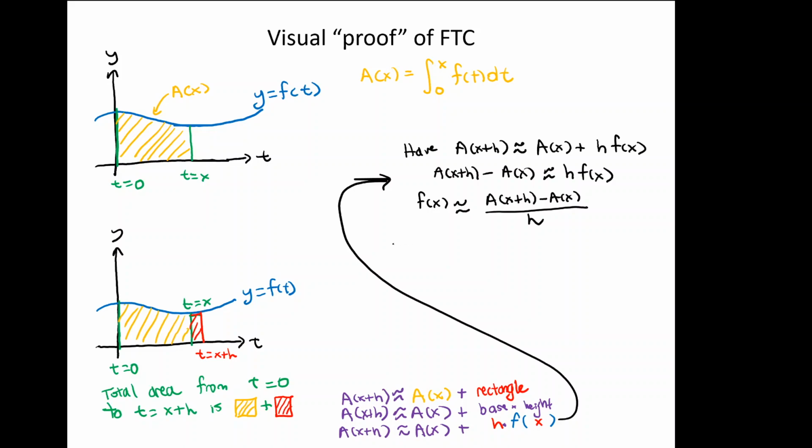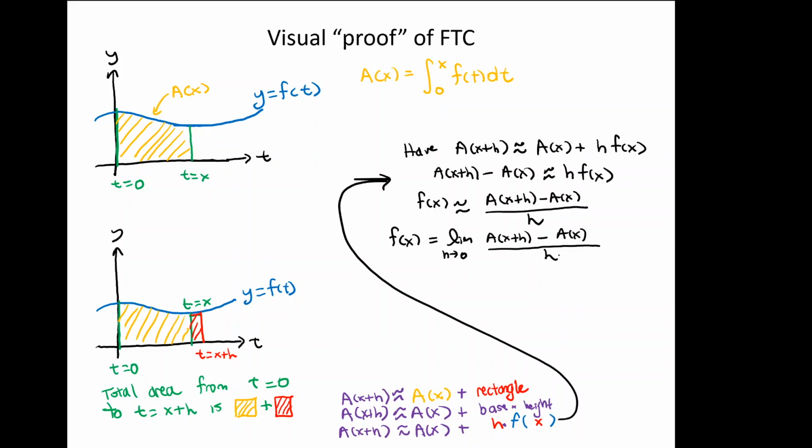So I'm going to say f of x is equal to the limit as h approaches 0, since the difference is going to be infinitely small between the real area that's shaded in red and the approximating rectangle for that region. So limit as h approaches 0 of A of x plus h minus A of x all over h.